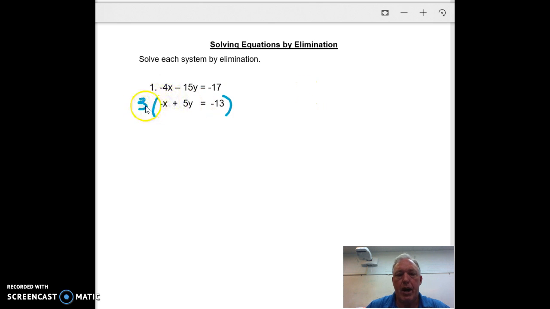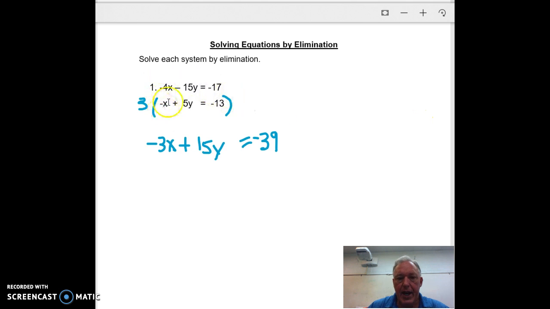So distributive property, 3 times negative x is the same as 3 times negative 1, so negative 3x. 3 times 5y, that's plus 15y. 3 times negative 13, 3 times 13 is 39, and that will be a negative.